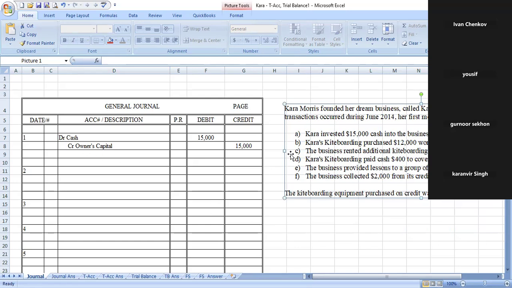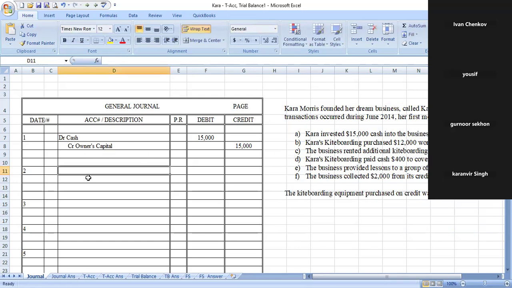So let's go with the next one. Next one, she purchased this equipment. So debit, which account are we going to debit now? Equipment, right? Did she pay for the equipment? She has to pay for the equipment. Yes. So which account are we going to credit?